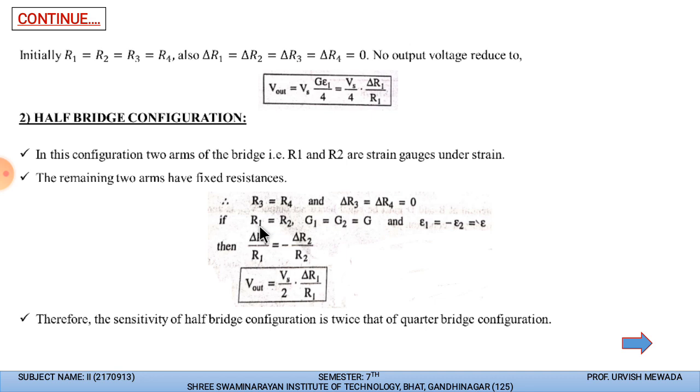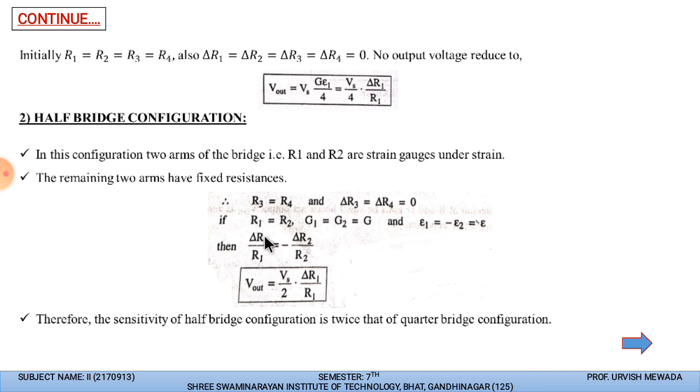If R1 is equal to R2, then the gauge factors of both resistances, G1 and G2, are equal to G, and epsilon 1 is equal to epsilon 2 is equal to epsilon. Sorry, this is a printing mistake, there is no minus here.